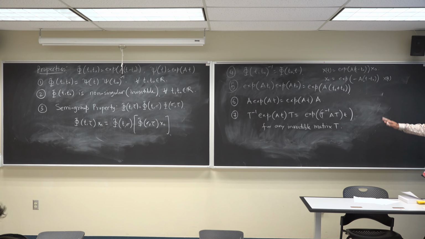It can be any invertible matrix. This condition will hold true. This one is not there in the book, so I'm writing it down from some stuff that we did in the class a few days back.